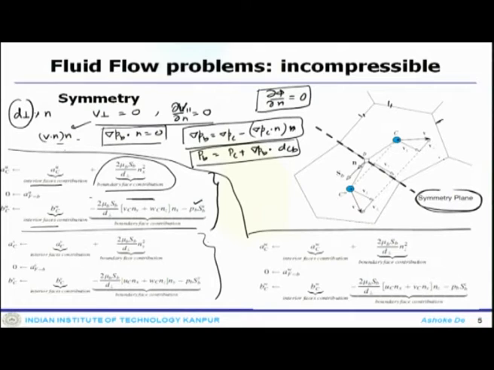Similarly, in the v direction you need to change, that means the y momentum equation, and if you have a 3-dimensional case, the z momentum equation will also get changed. So, to apply the symmetry conditions, primarily at that plane of symmetry, you need these two conditions to be satisfied: V perpendicular is 0 and V parallel gradient is 0.